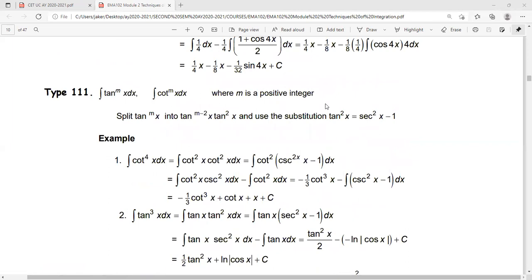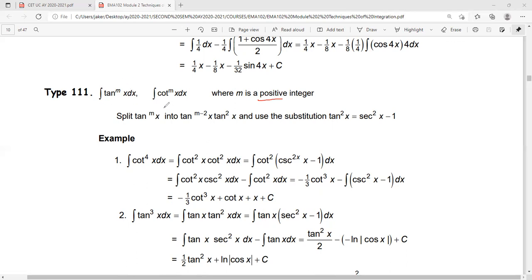So no distinction whether m is positive and even or whether m is positive and odd. So whether it's odd or even, as long as it's positive, as it says here, then it's under type 3. Talking about a standalone function of the tangent and the cotangent.